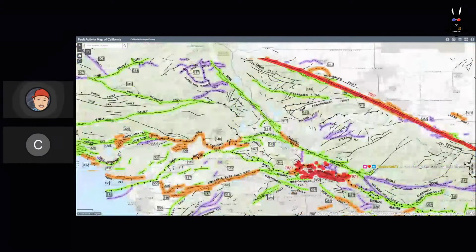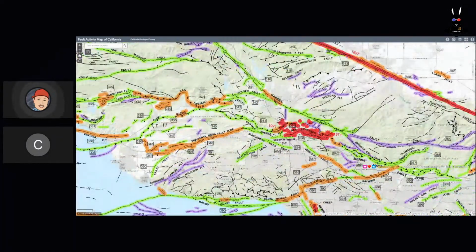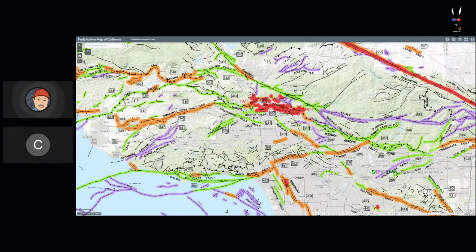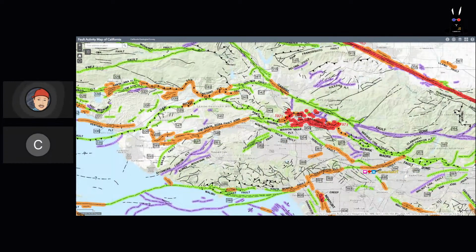Now, at the center part of the San Gabriel, which I divided into three zones, the southern zone, the middle zone, and the northern zone. The middle zone would be the San Fernando Valley Fault, and where it kind of meshes up with the Verdugo, Sierra Madre Fault, the Simi Valley and Santa Rosa Fault zones, and the Oak Ridge Fault Zone, and the San Cayetano, all crunch right here into the middle.